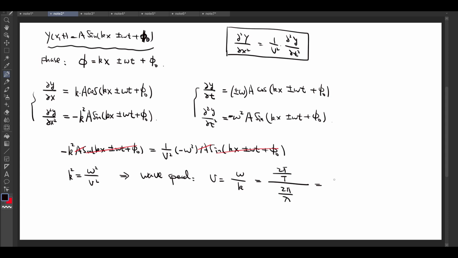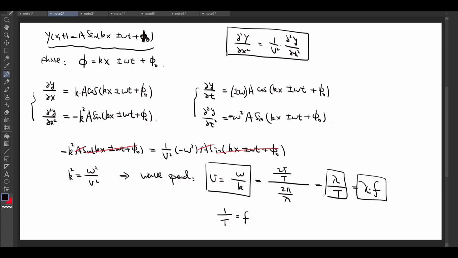So we get lambda over T here as the wave speed. And also the 1 over T is frequency, is f. So we can also say lambda times f here. Okay, so that's another important relation. V equals omega over k, or V equals lambda times f, or lambda over T.